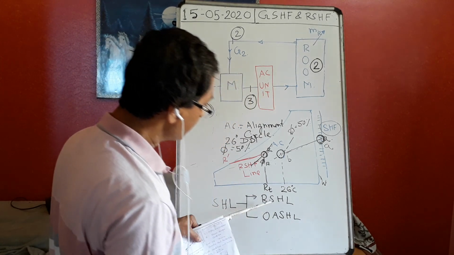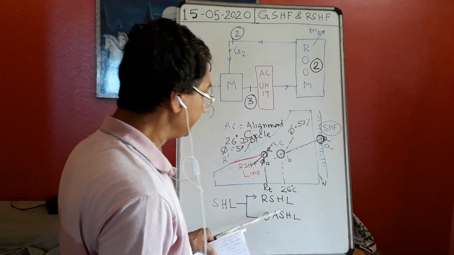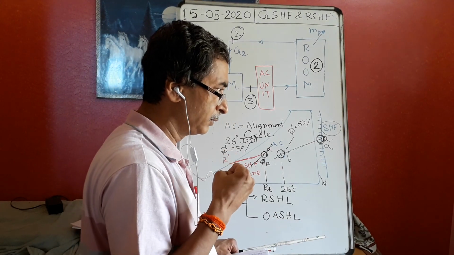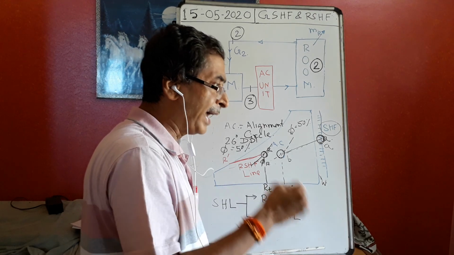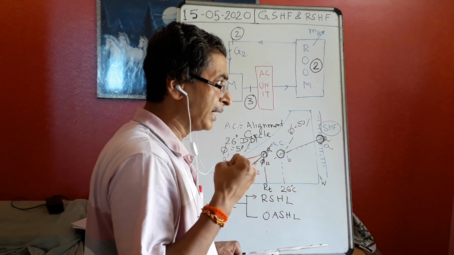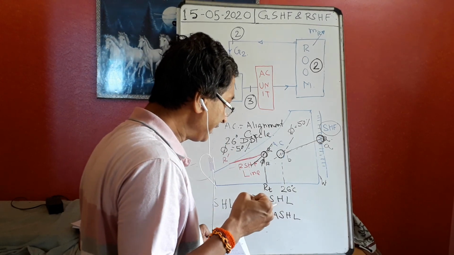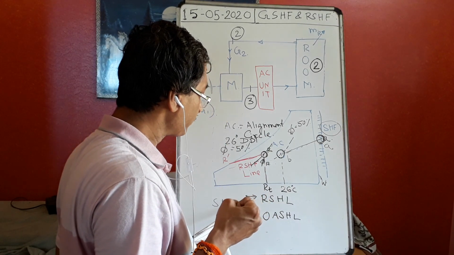What is the difference? Room sensible heat load is the load the air is picking up from the room itself, from the fan running, fridge running, lights on. So this is the heat load picked up from the room.